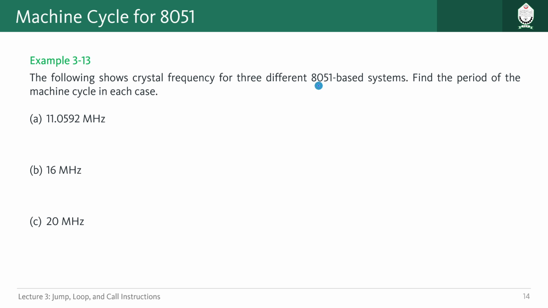We already know for 8051-based systems, like for example the 89C51 or 52, which is used in your lab, if you want to calculate the time for one machine cycle, how do you do that? First of all, from the frequency you have to calculate the time period of one clock cycle.